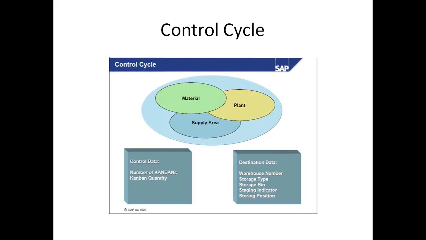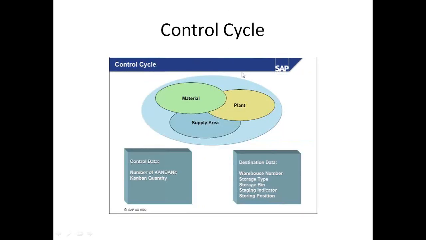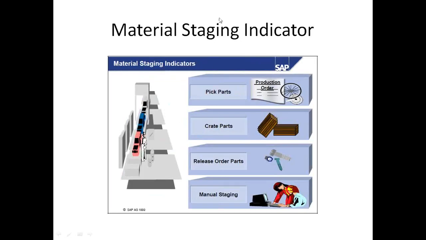In order to do this, we have a standard material staging indicator, which we also maintain in the control cycle. Material staging indicators define, when you want some material, against what kind of process you are doing it.